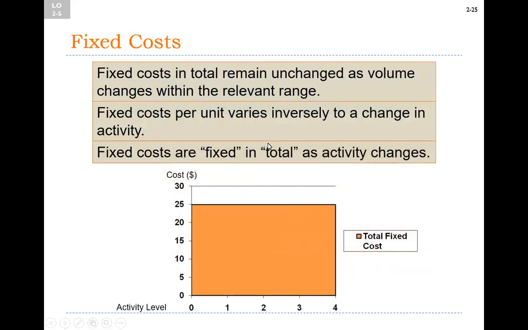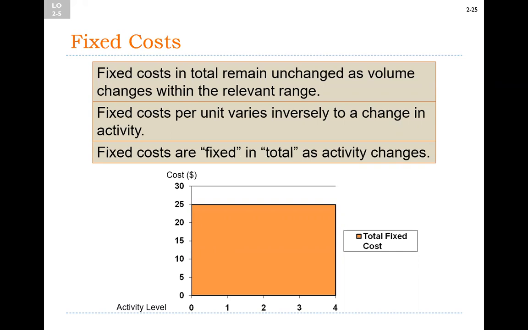I'll use a fixed cost example first, but think about rent. When you sign a lease agreement and you're renting your apartment, let's say you're renting an apartment for $800 a month. Even if it's an annual lease, whether you spend the night in that apartment or not, you still have to pay $800 a month every single month.